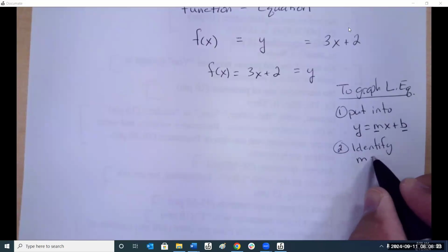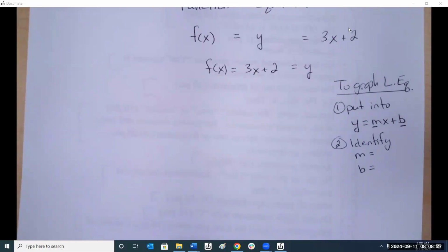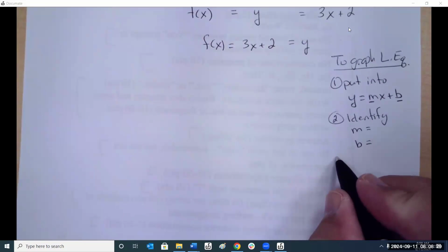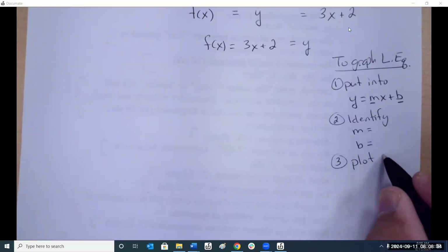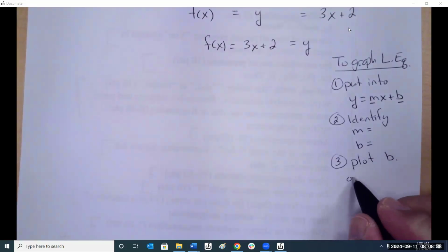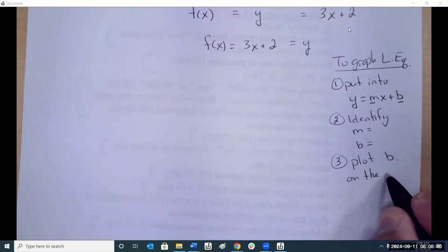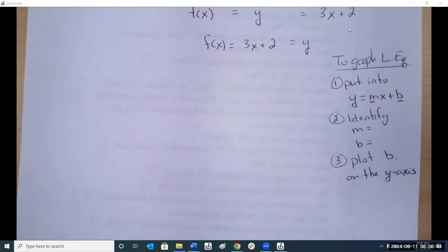Identify your slope and your y-intercept. First thing you do is plot your y-intercept on the y-axis. Whatever b is, you put a dot on that value.